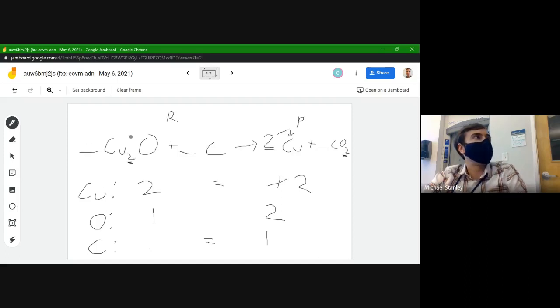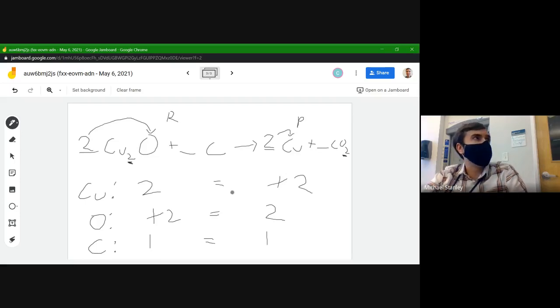So yeah, the coefficient in front of our Cu2O over here, right? This O is the guy we're interested in. So we'll put a 2 right here. Bingo, bango, bongo. So now we have 2 O's right here. And that guy is all balanced. All right, awesome. 2 O's, 1 C, 1 C, 2 Cus, 2 Cus.